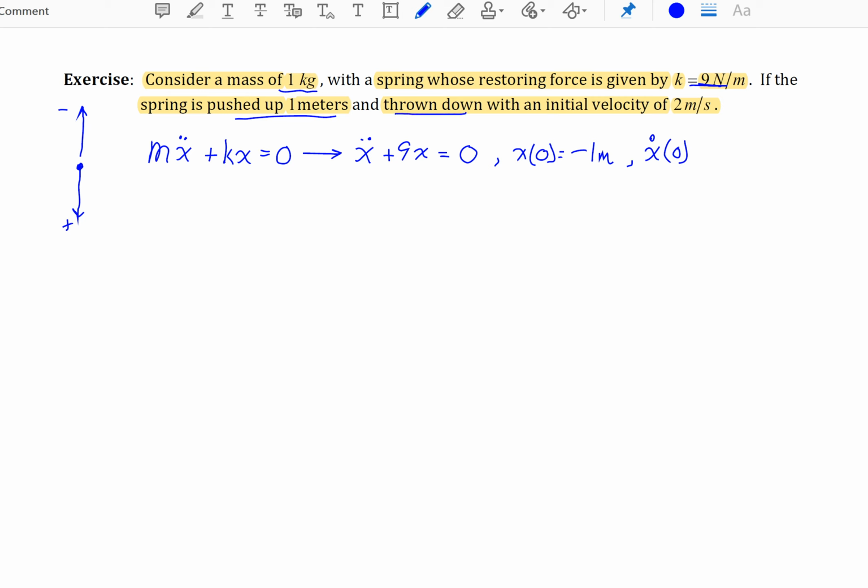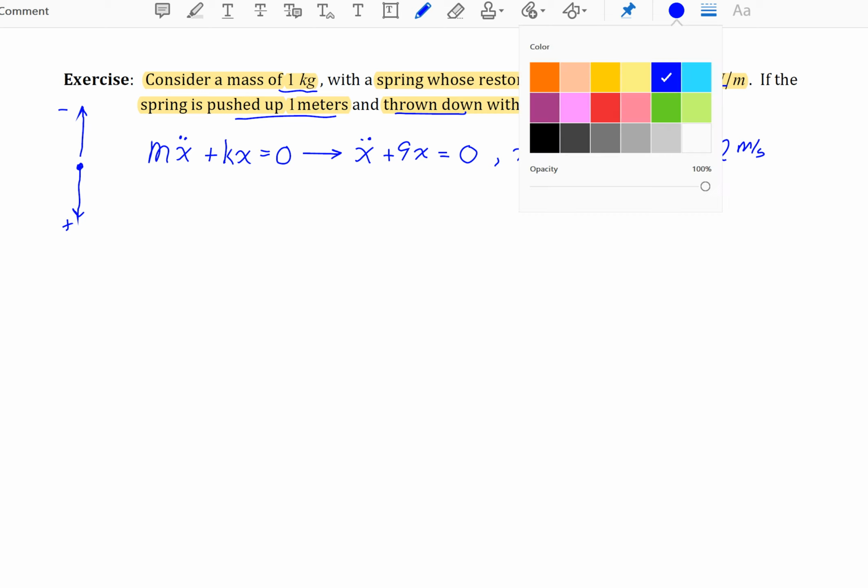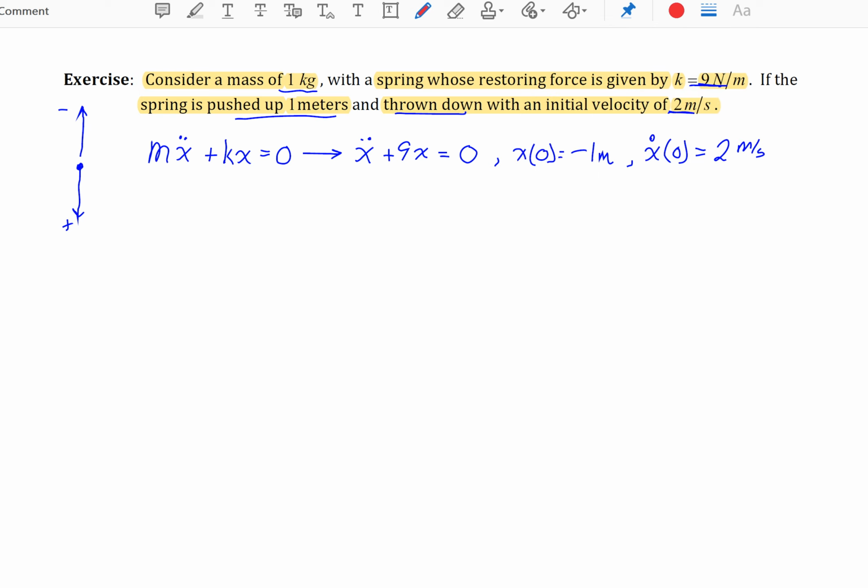It's thrown down, so the downward direction, at 2 meters per second. So this would be a positive velocity of 2 meters per second. So now our goal is to find the solution of this initial value problem.